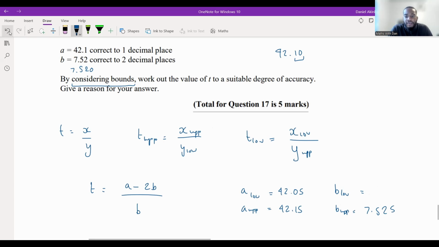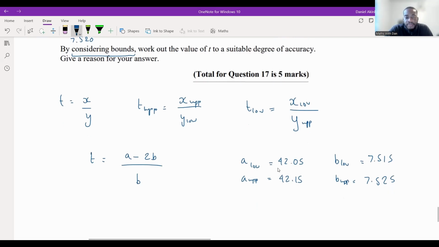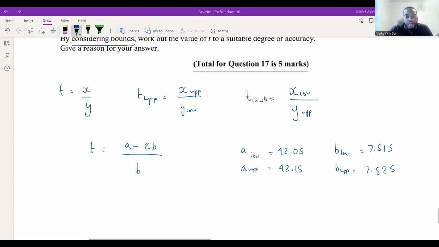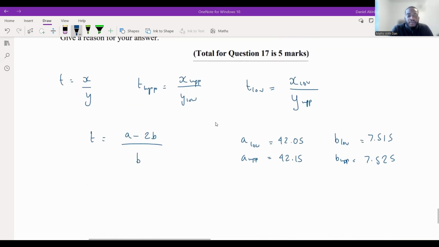Sorry, 7.515. Does that make sense, guys? Are we happy with that? All good with the boundaries? Just before I continue, I just want to wait for you guys to say yes or no, so I know that we're all good. Good stuff. So now remember, oh, I forgot the squared, by the way, on the denominator.